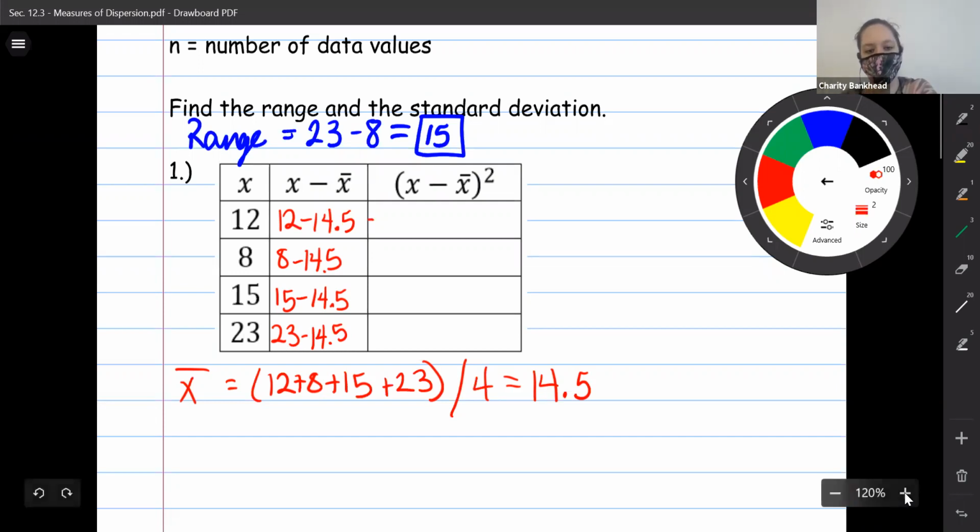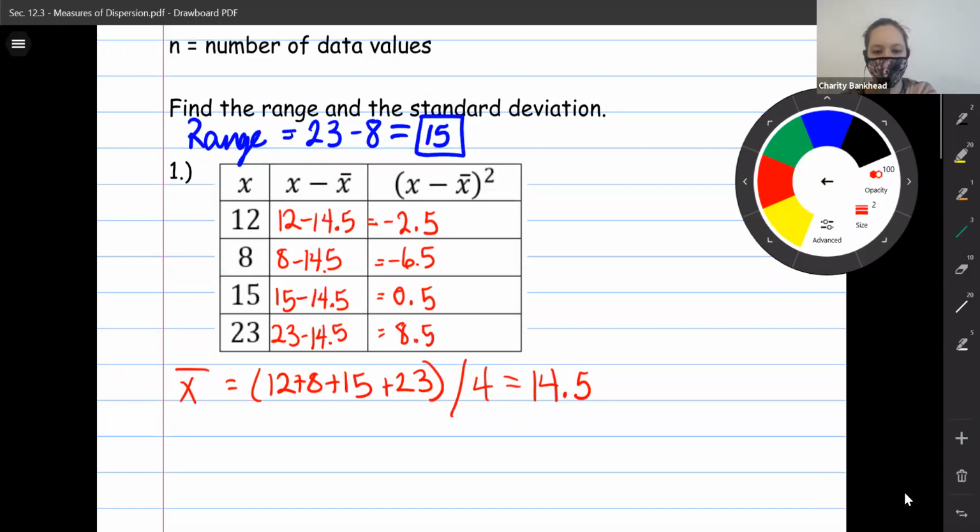All right, so that would equal negative 2.5, negative 6.5, 0.5, and 8.5, right? Okay. And then we want to square that.